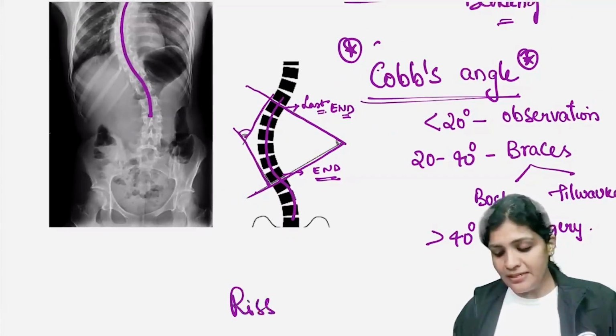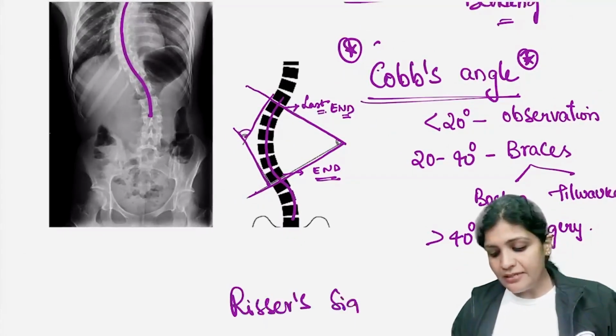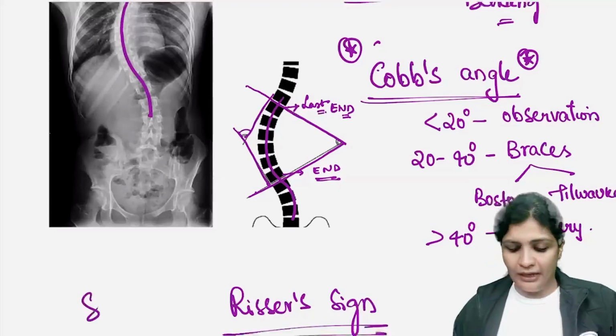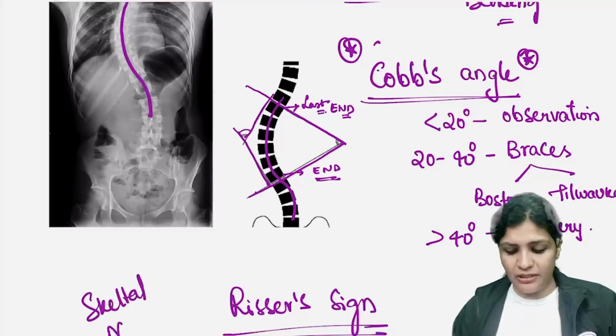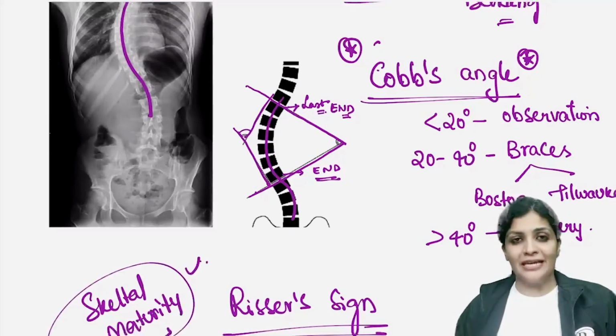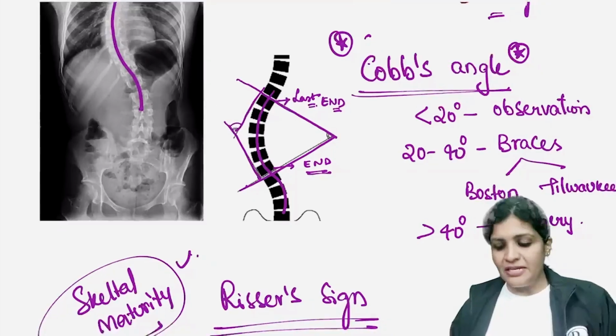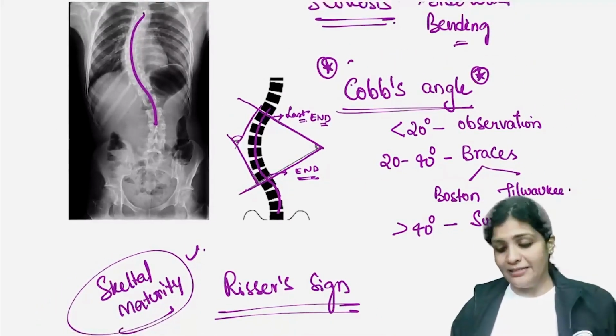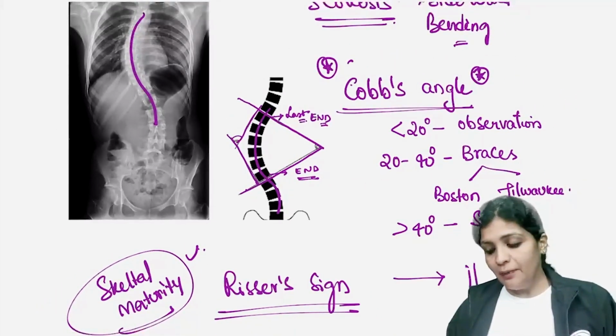And what is the Risser sign? The Risser sign is about taking the help of skeletal maturity for deciding on surgery. Once the skeleton is matured, then you plan for surgery. How will you know that the skeleton is matured? You take the help of the iliac apophysis. What is apophysis?